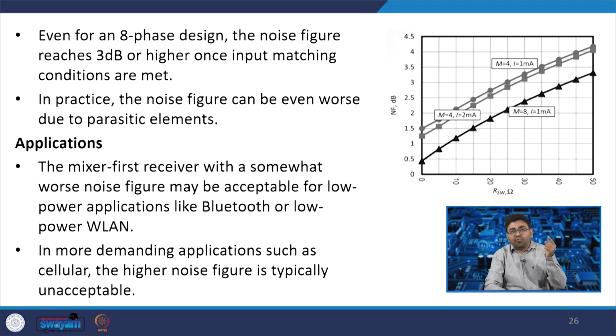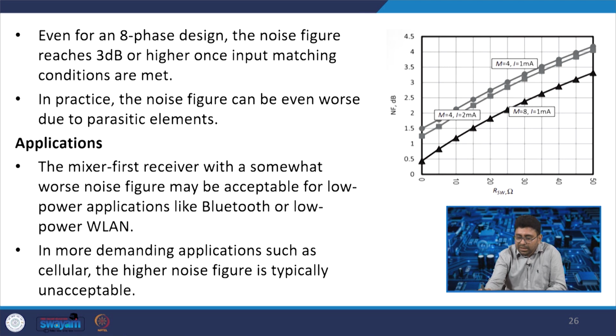Now we also need to ensure the input impedance of 50 ohm, because it is directly connected to the antenna. If it is not connected to the antenna, in between we can have a LNTA, but here we do not have a LNTA in between. That is why we need to ensure the impedance matching also by using this T switch configuration.